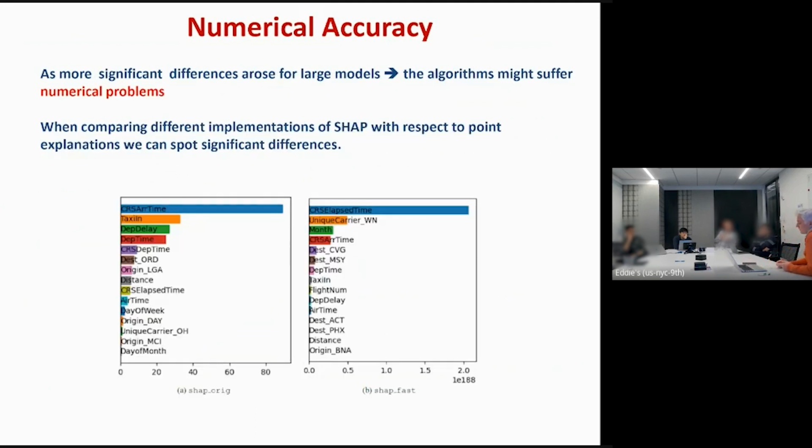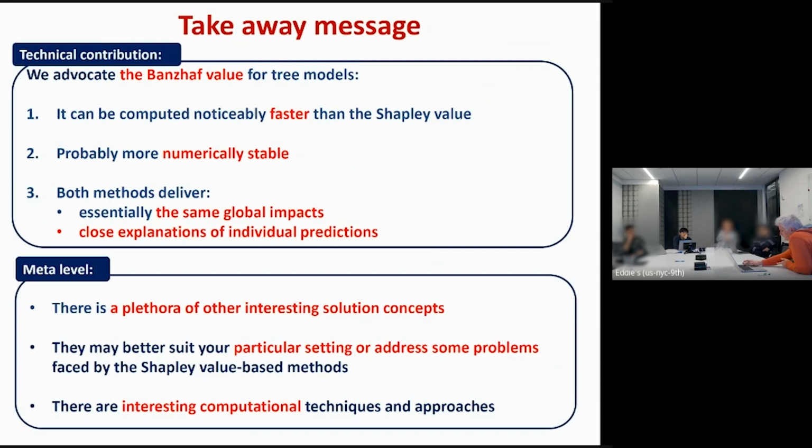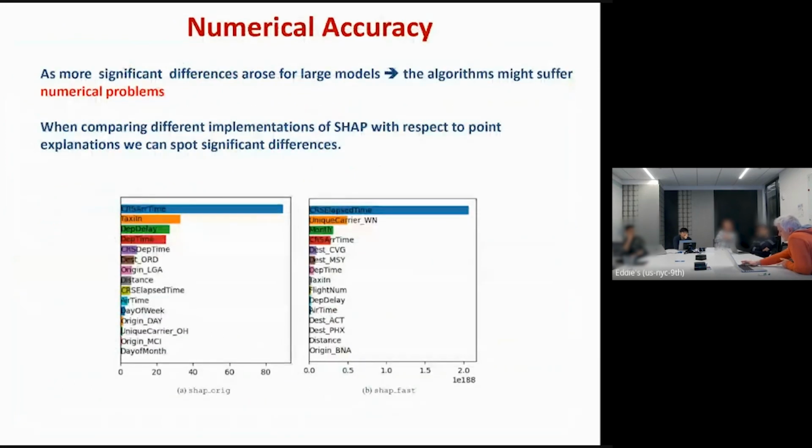What I was saying is that these mistakes don't really come from the factorials. They come from the fact that the algorithm uses subtractions. If you compare this exact algorithm, which is slower, with the Banzhaf, is the difference very small? It's very small, so it essentially becomes almost the same.